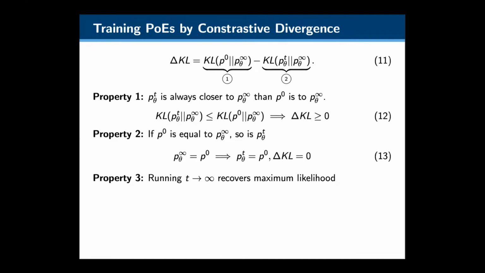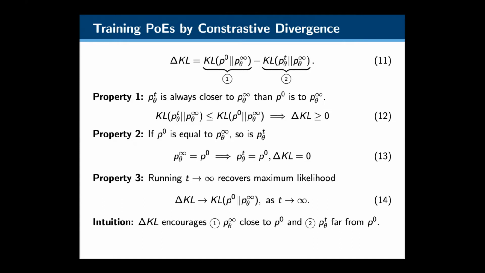The other property that is nice for intuition is that running T to infinity recovers maximum likelihood, because if we run T to infinity, then the second KL becomes 0 and we recover maximum likelihood. That's this property again in an equation. So the intuition here is that this new objective encourages P infinity, the stationary or model distribution, to be close to the data distribution, and PT to be far from P0.